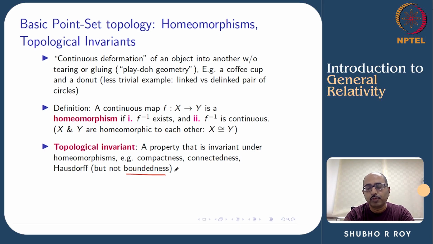And we know the full real line is not bounded, it's unbounded. So the finite open interval which was bounded is homeomorphic to the real line. So boundedness is clearly violated by homeomorphism. So boundedness is not a topological invariant.